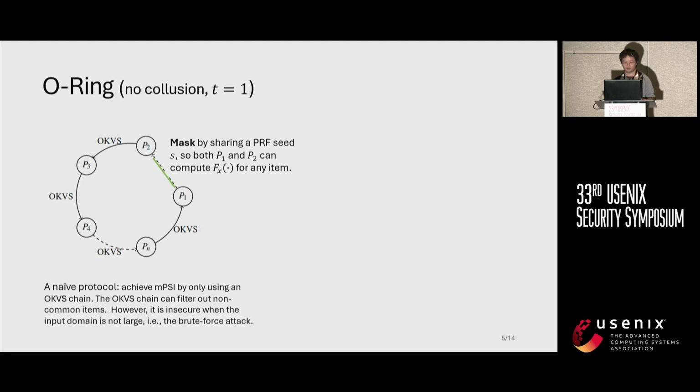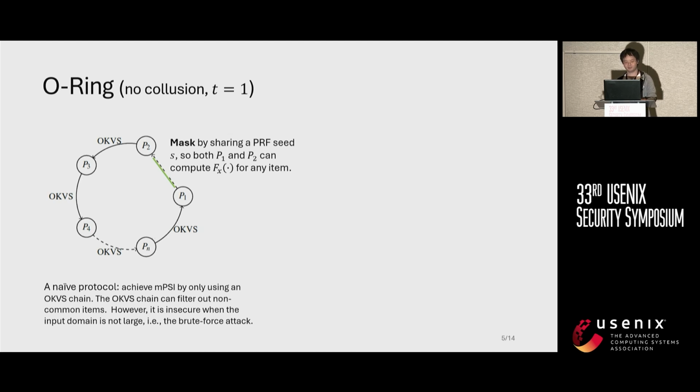Having this construction, we can easily find that after P1 gives values to P2, P2 can transmit this value to P3 and then until they get to Pn, and Pn returns the value to P1. If there is any item in the intersection, the same value will be transmitted back. If there are no common items, then P1 will get a random one.